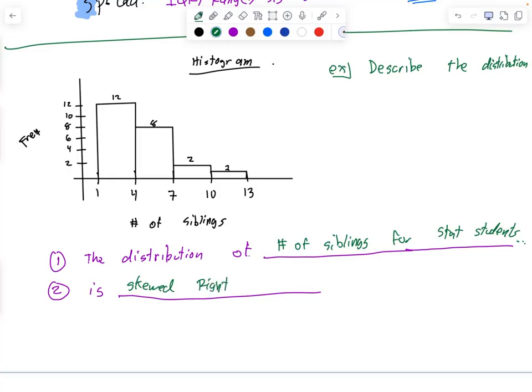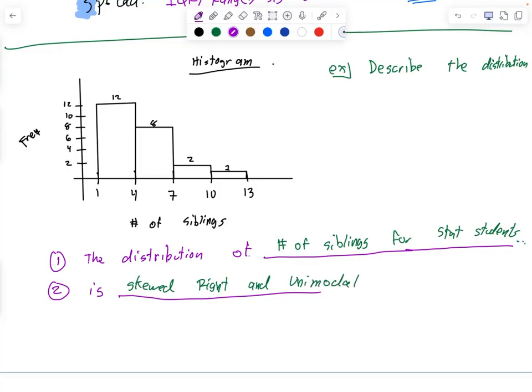All right. Center. This is center. And then there's no outliers here, so we're not going to even mention outliers. And then the last one is spread. So what does the typical student have?